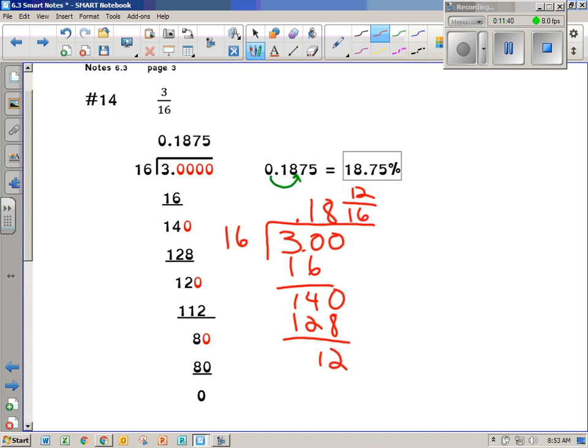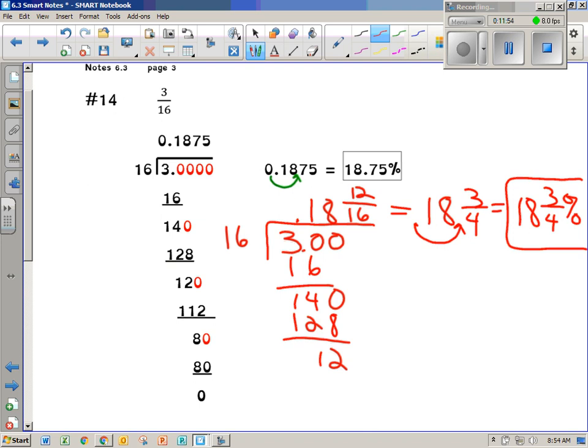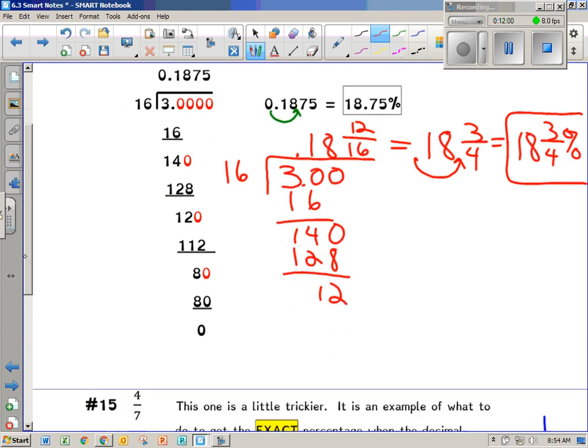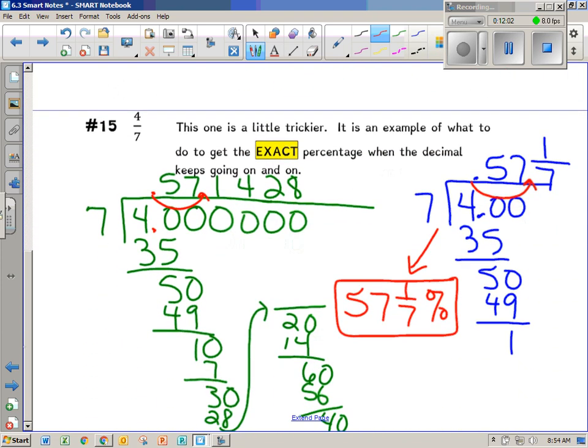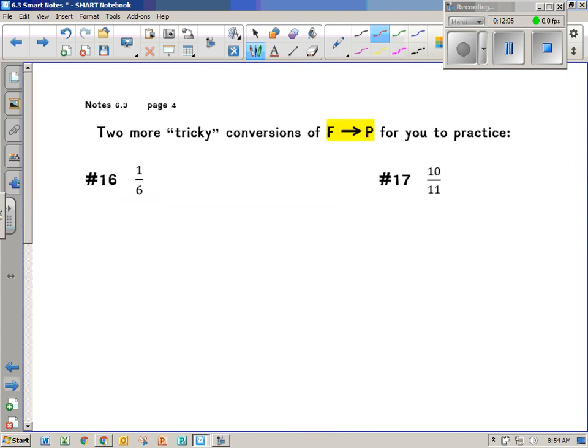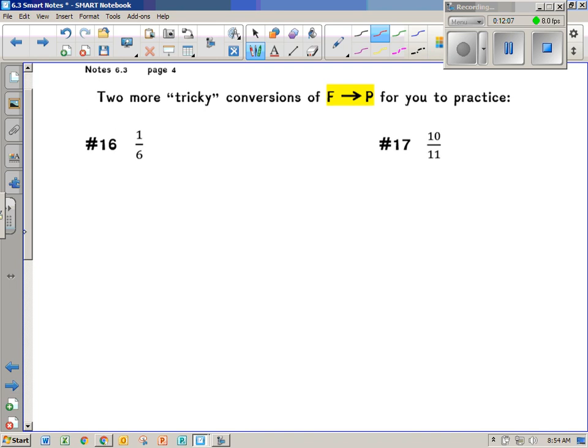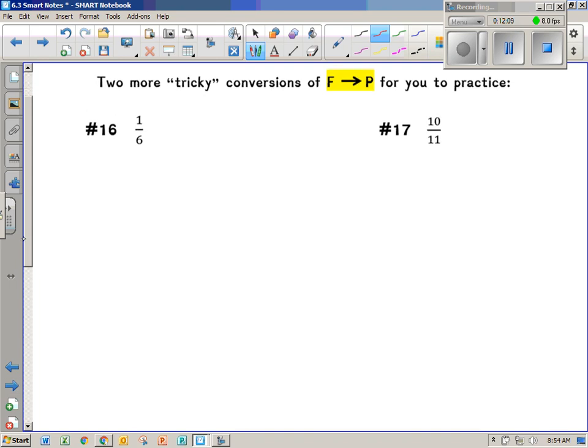Well, 12/16 is 3/4. If you divide top and bottom by 4, and then you shift the decimal, you're still going to get the same result. It's okay if I have 3/4 instead of 0.75. So just an option right there. So I like to just stop dividing as soon as possible. I find that helpful.